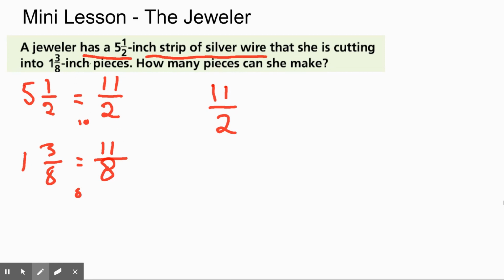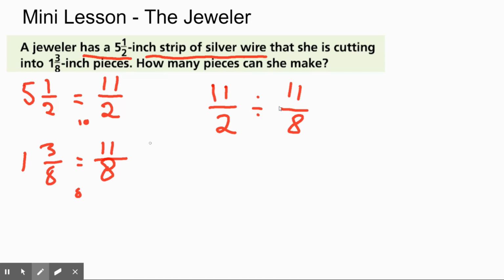We also know that each piece needs to be 1 3/8. So that's telling us how much needs to be in each group. That means that that is our divisor. We're going to make that 11/8. And we already talked about how we're breaking this up, so we're going to make this division.